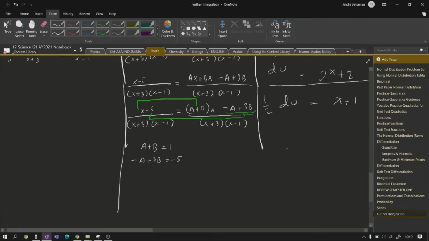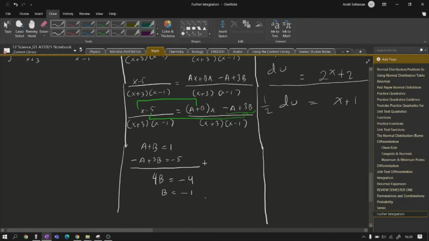Here we can use elimination or substitution. Since a has a similar coefficient, but in the top equation it is positive and in the bottom it is negative, we can add them to cancel the variable a: minus a plus a is 0, so it disappears, and b plus 3b is 4b, equal to 1 minus 5, which is minus 4, so we get b equals minus 1.